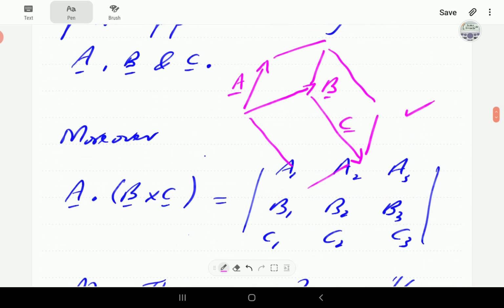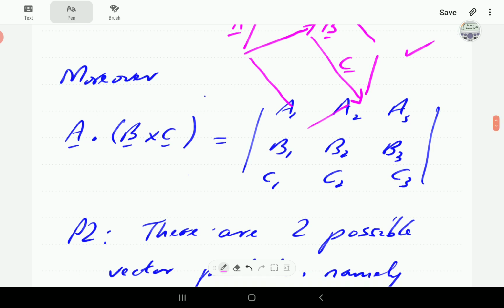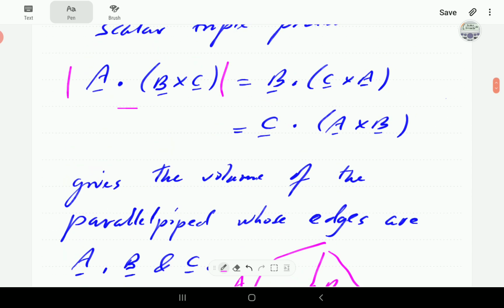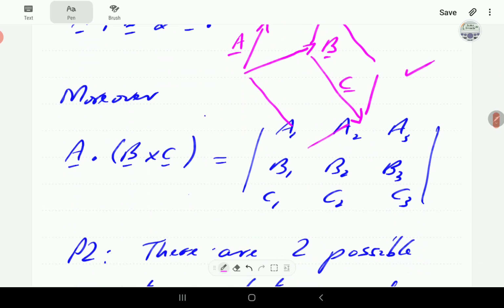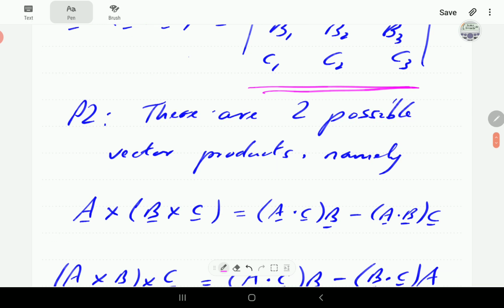Obviously the volume is a positive number, so if you take the positive of that, that gives you the volume of the parallelepiped. Also, this scalar product, A dot B cross C, can simply be found by doing the determinant of this matrix, where you have components of A in the first row, components of B and components of C. We're actually going to prove this in the examples that follow.